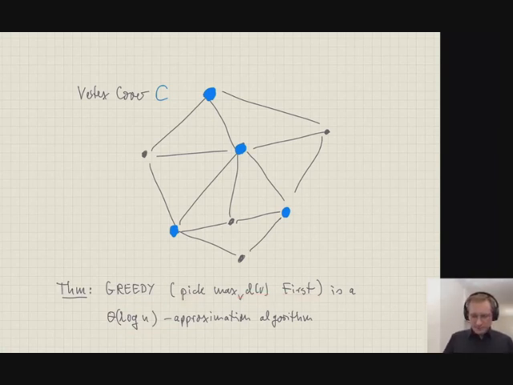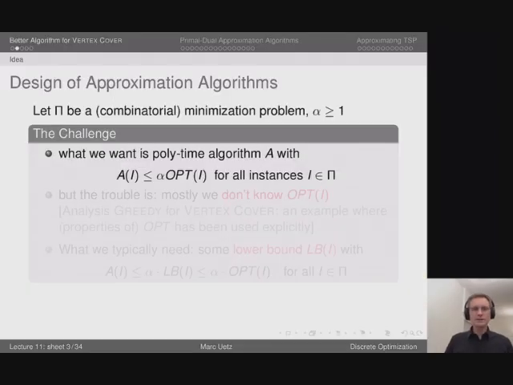Now, that is the problem and our result. And the general challenge that we have in the design of approximation algorithms is the following. Let's say we talk about minimization problems. What we want is a polynomial time algorithm A, which on any instance achieves a solution value A of I, which is at most alpha times opt of I, where opt of I is the optimum solution value.